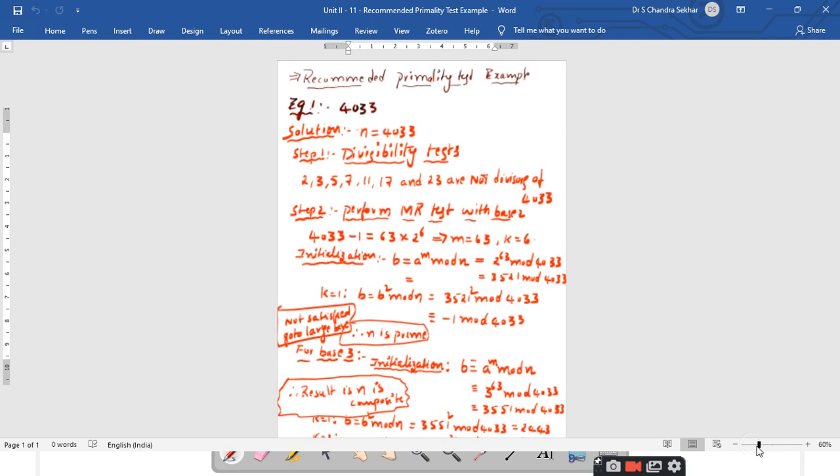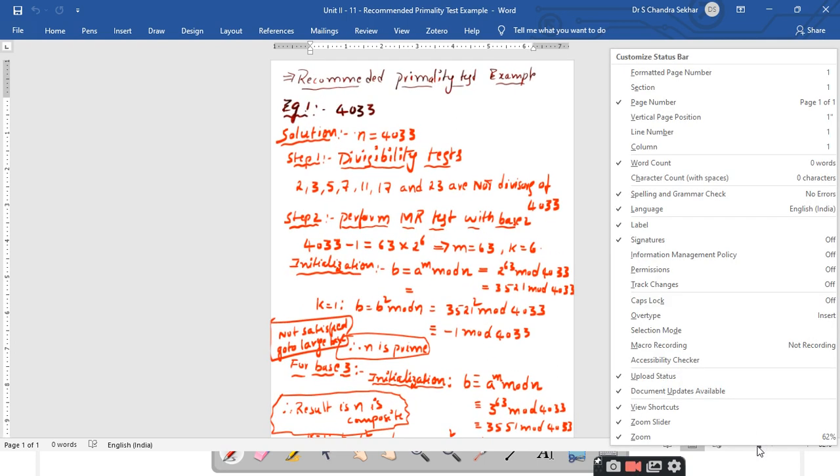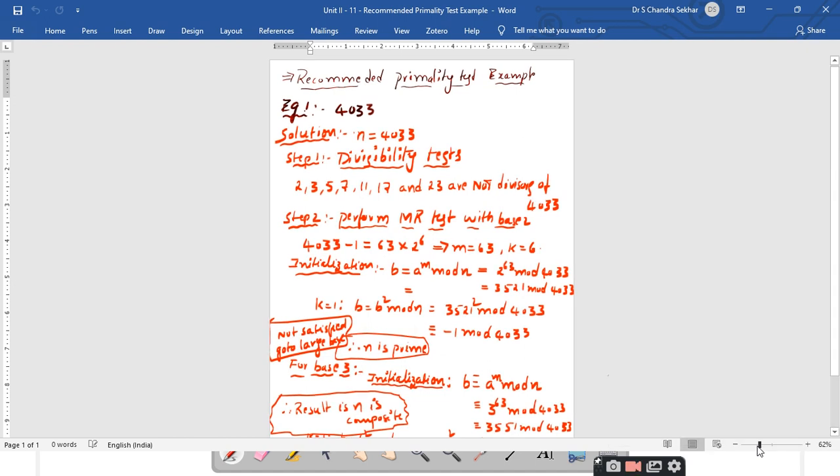So we will discuss one example on this recommended primality test. In this example, the value of n that is taken is 4033. By looking at this number, you cannot directly say whether 4033 is prime or composite.